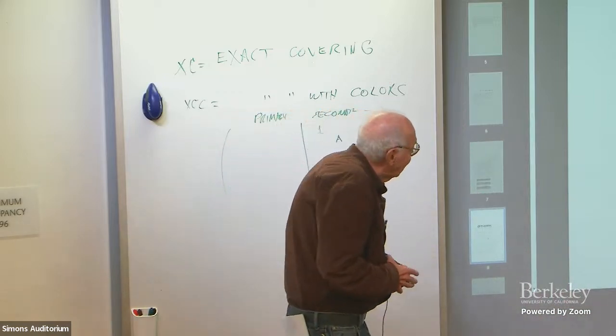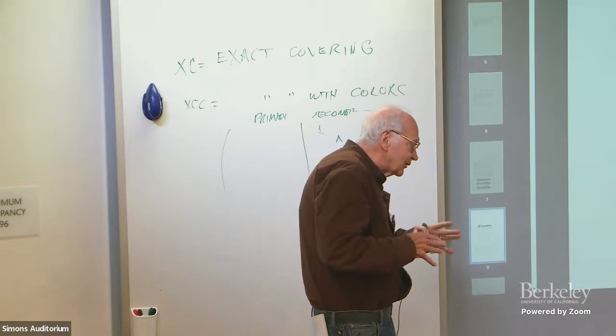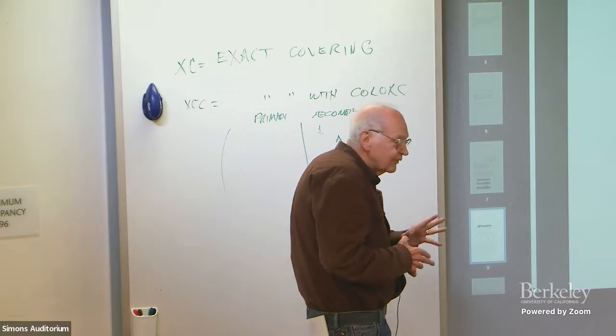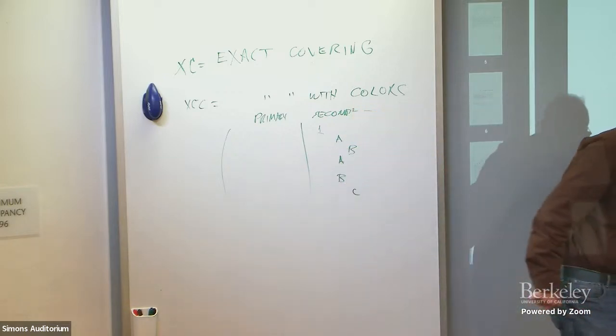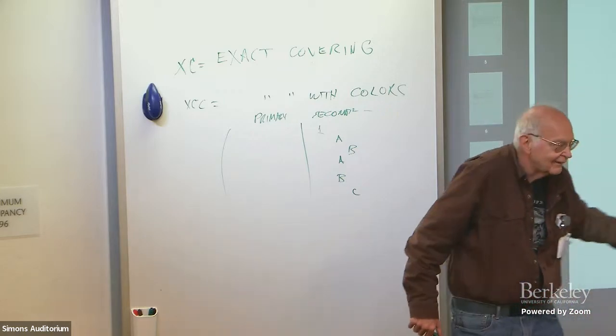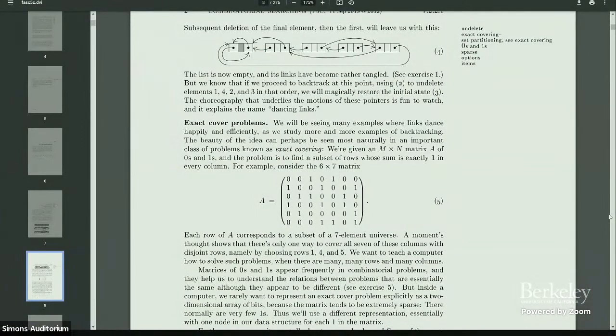And also when I was looking at more and more examples, I changed the name. So instead of rows and columns, I now say options and items. And so the problem is to choose options, and each primary item has to be covered.